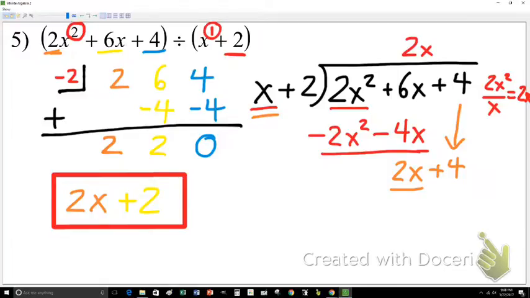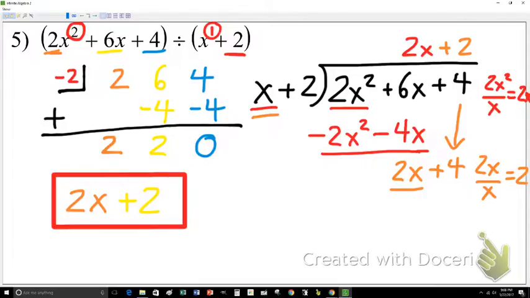So we take that 2x divided by x, and we get the number 2. That number goes in the constants place, the ones place. So let's place that there, plus 2.